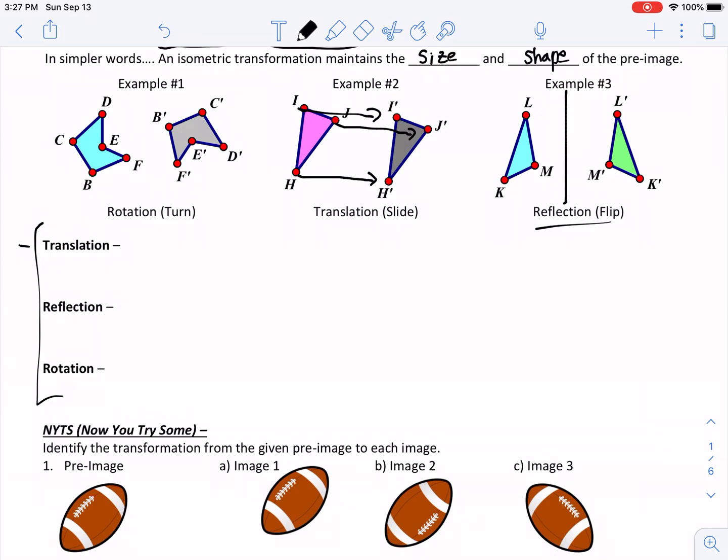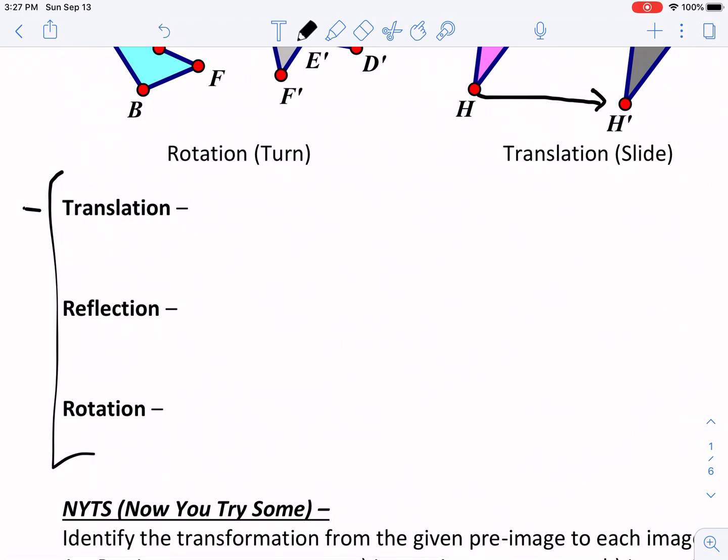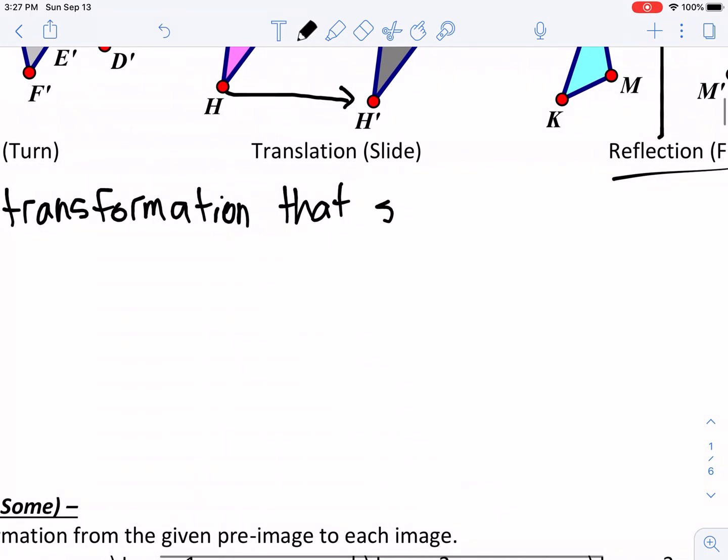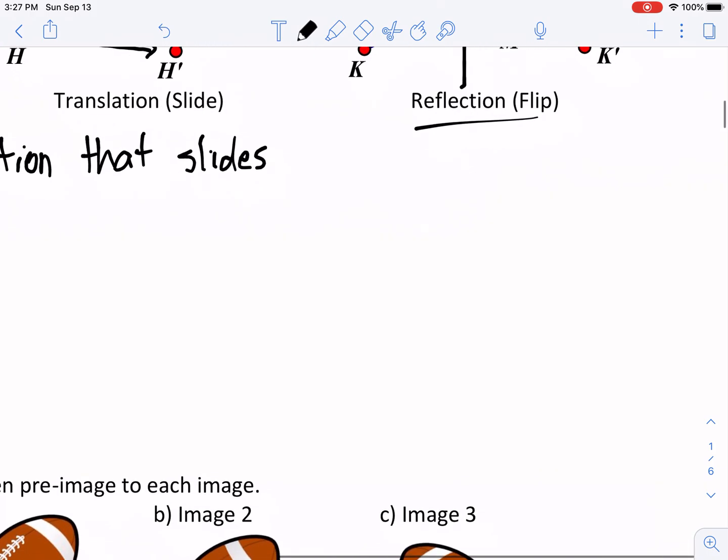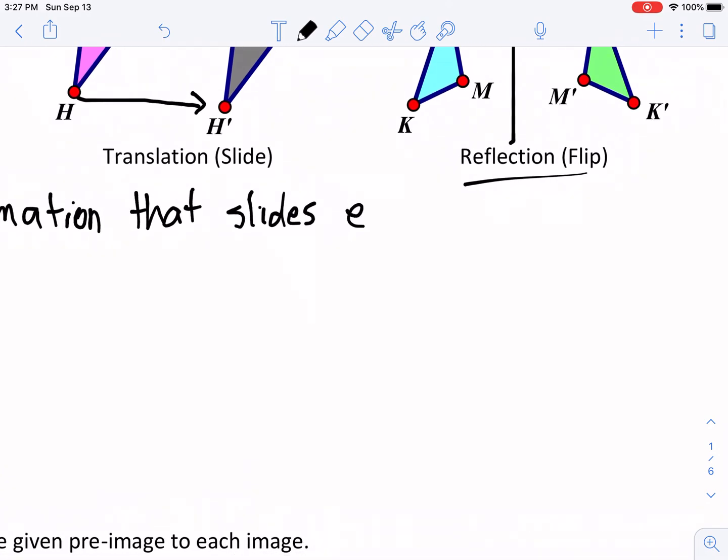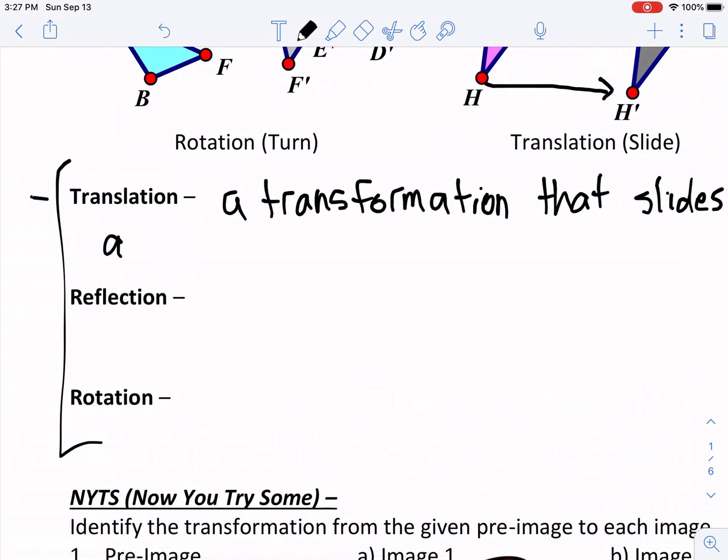Okay, now the formal definitions we want to write out here is a translation, a transformation that slides each point in a figure a given direction and distance.